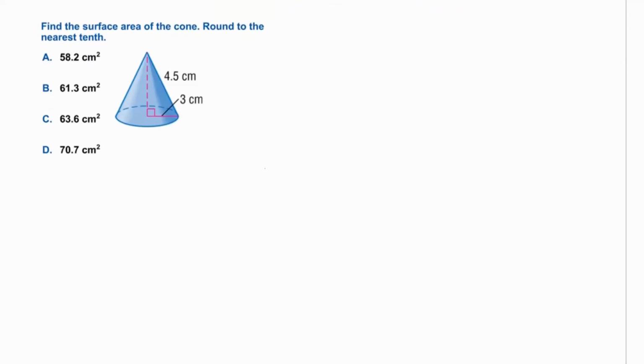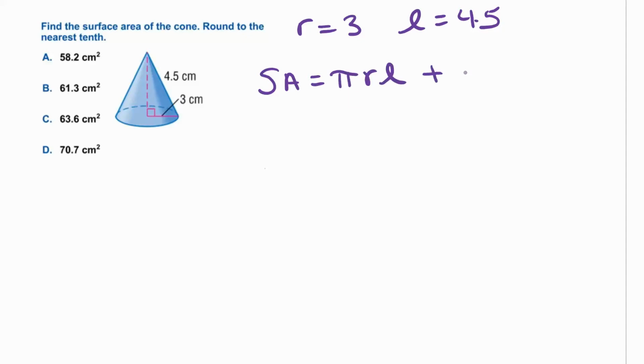Find the surface area of the cone, rounding to the nearest tenth. The radius is 3. The slant height is 4.5. Surface area equals the lateral area, which is pi RL, plus the area of the base, which is pi r squared.